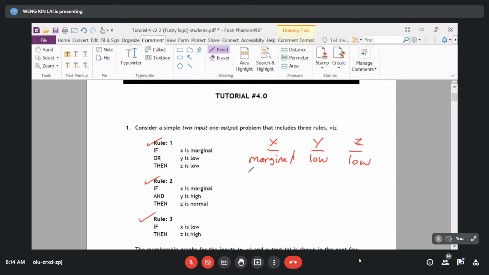Now rule number 2: if your X is marginal and your Y is high, then Z is normal.